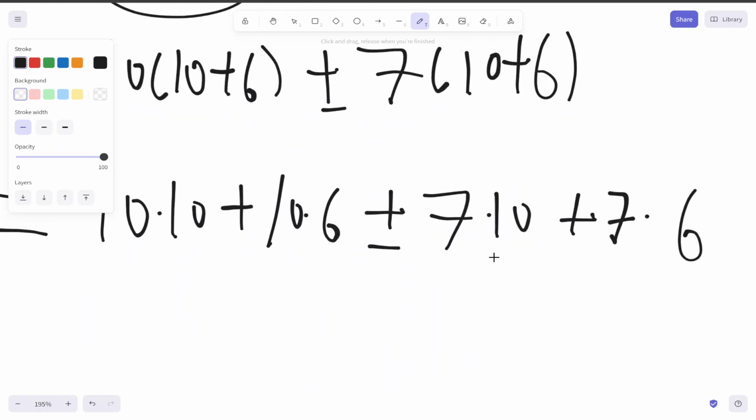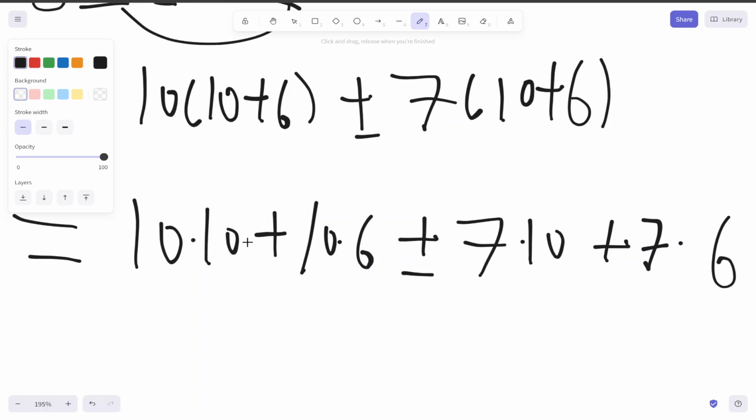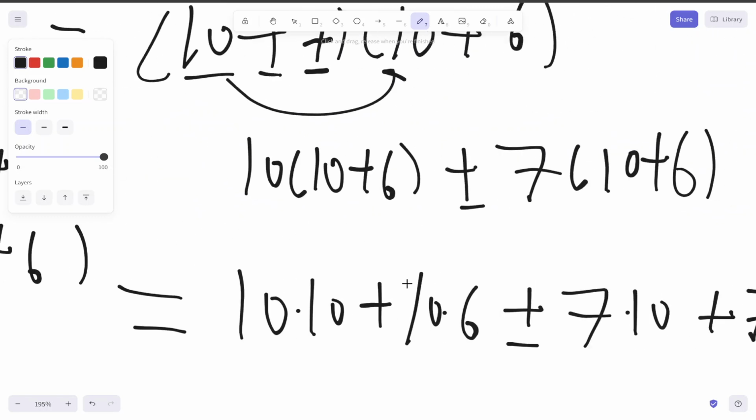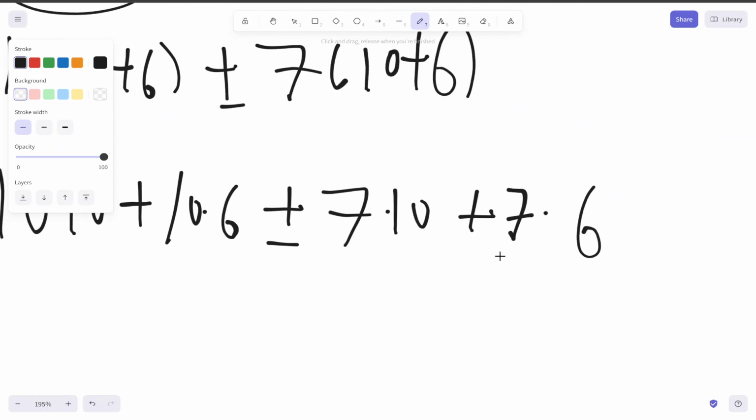All right, what do you notice here? Well, we notice that we have simplified everything, in the sense that we no longer have 17 and 16. Instead, we have 7 times 6, which we already know how to do because we know the 10 by 10 multiplication table.